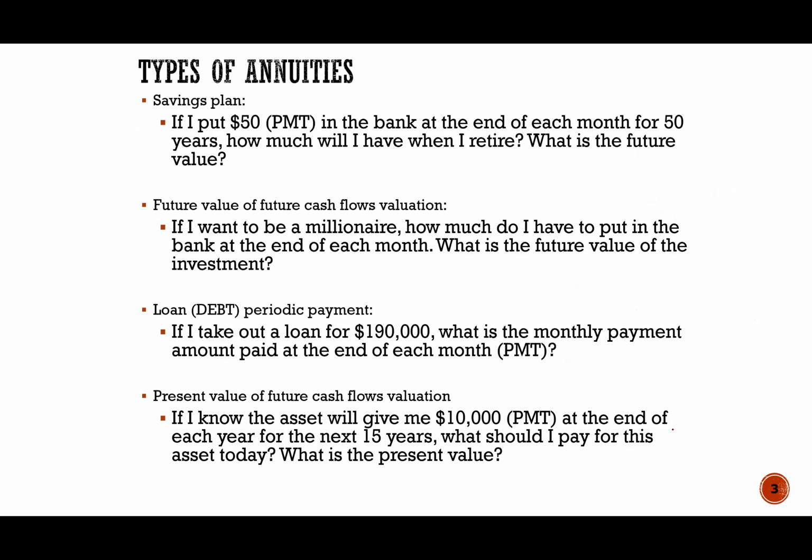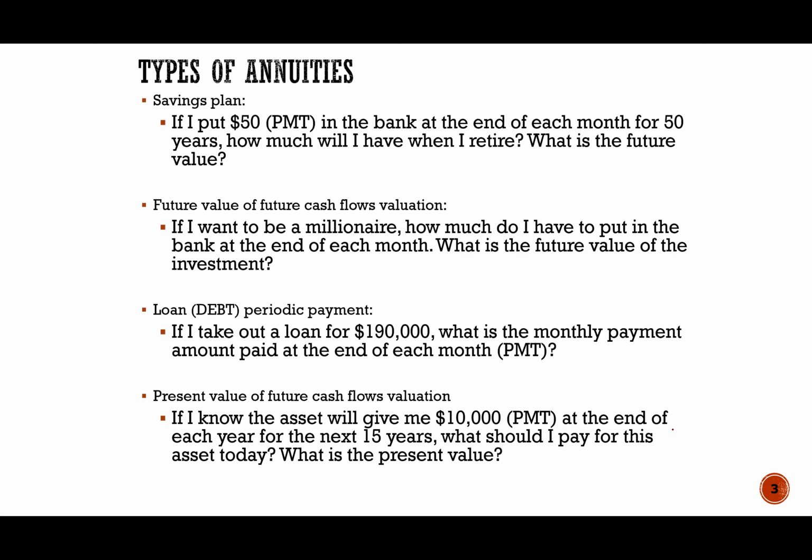And those are the typical examples of annuities. So the first one is a saving plan. Let's say you have some extra cash on the side, right? If you put away $50 in the bank at the end of each month for 50 years, how much will I have until I retire, right? And what is the future value of that?